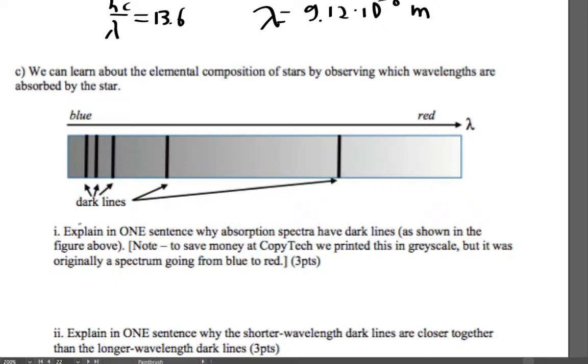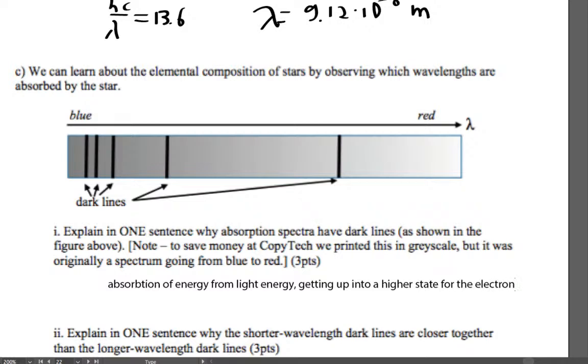Because of the absorption of energy from light. When you take the light in, the electrons get up into a higher state. Those energies are pulled in just to create this higher energy.